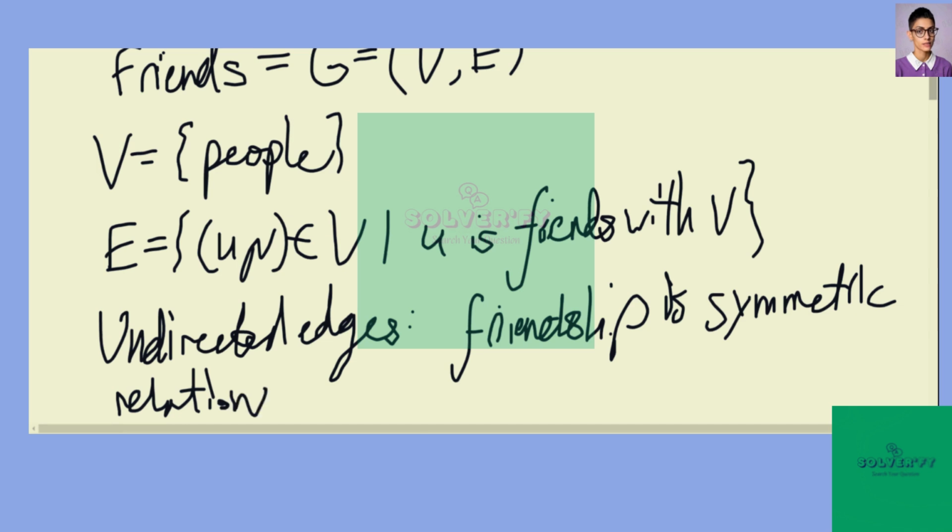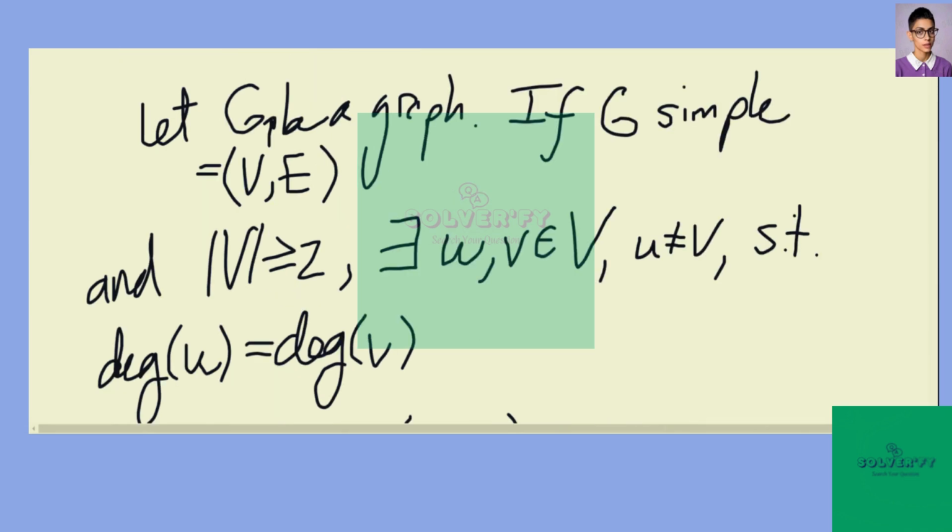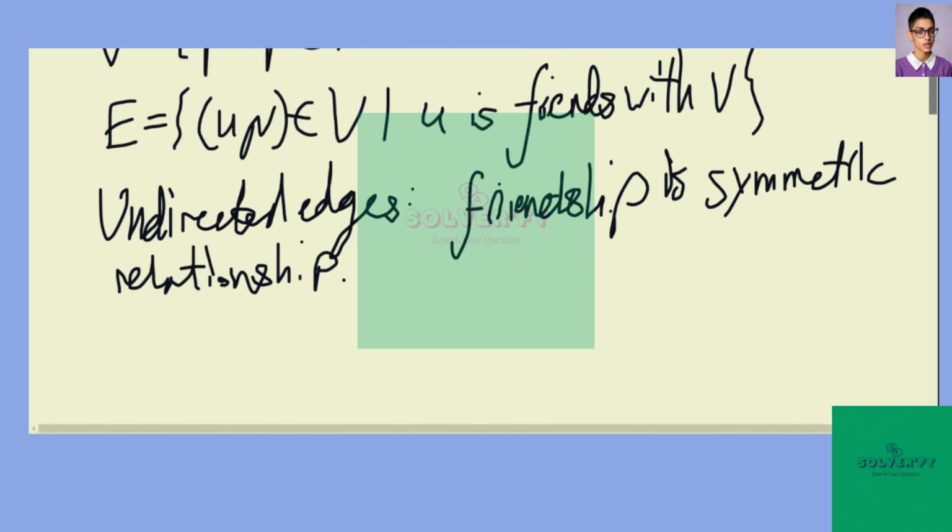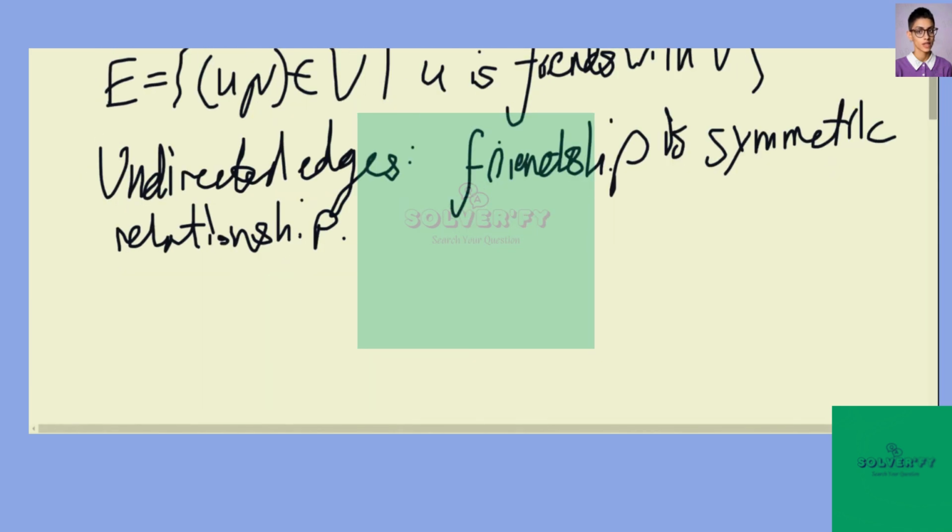This is more than just knowing somebody. And also, if we ask whether multiple edges are allowed, multiple edges are not allowed, and the reason why is there's really only two conditions.